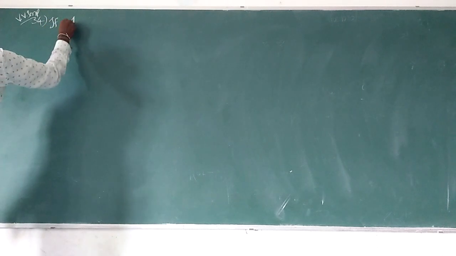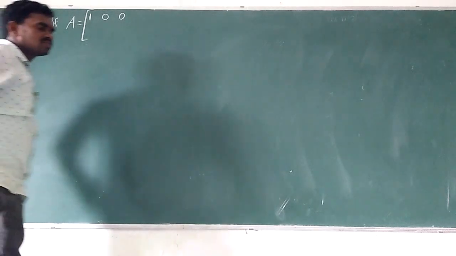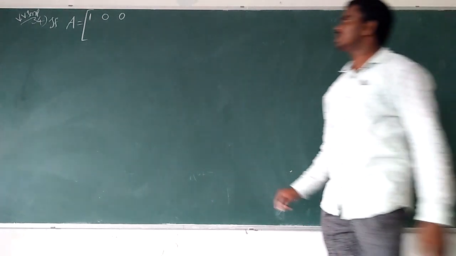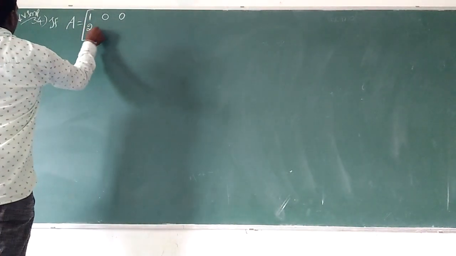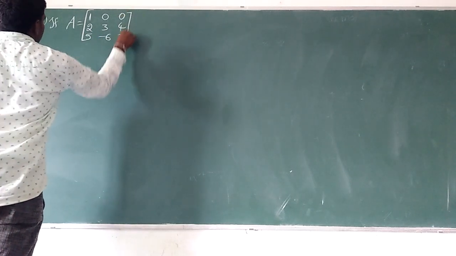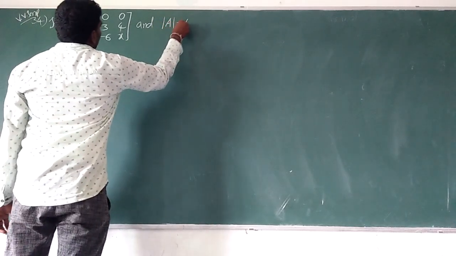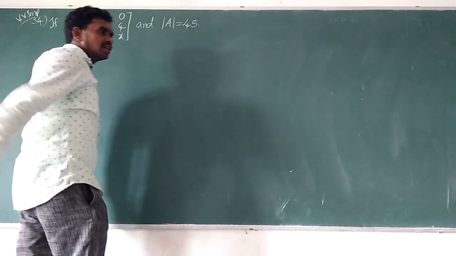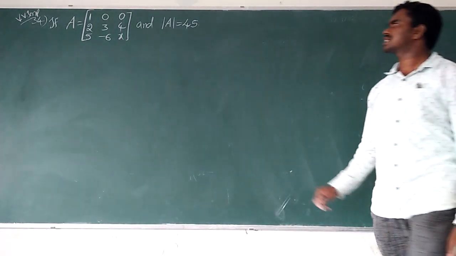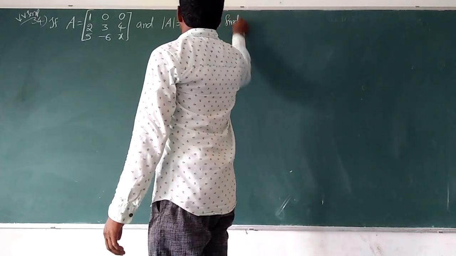If matrix A equal 1 0 0, 2 3 4, and 5 minus 6 x, and then determinant of A equal 45, then find x.